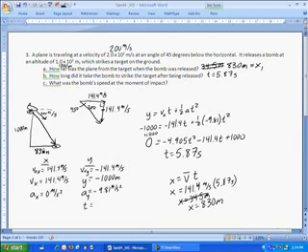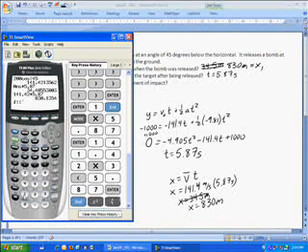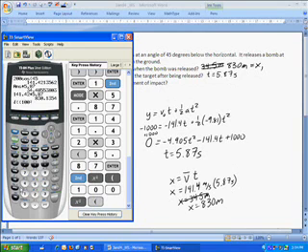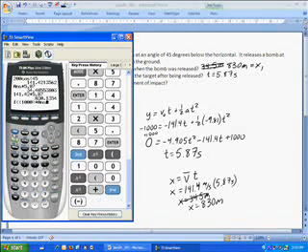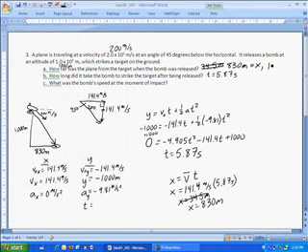So let's go the square root of 1,000 squared plus my answer squared, so 1299.6, so 1,300. So 1,300 meters is actually the distance from where it dropped the bomb down to where it hit the target.